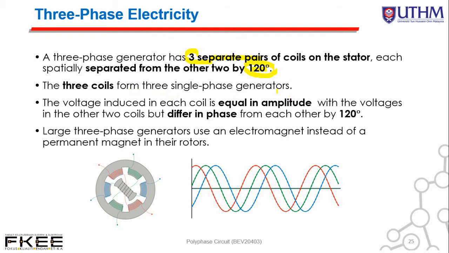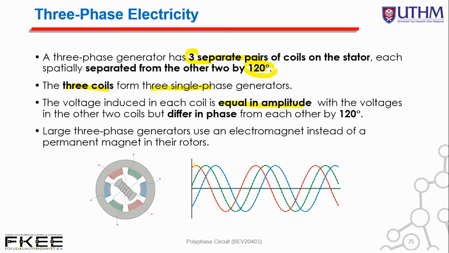So we have seen that one single coil generates one single waveform. 2 coils generate a 2-phase waveform, and now we come to 3 coils which generate a 3-phase waveform. The voltage induced in each coil is equal in amplitude.